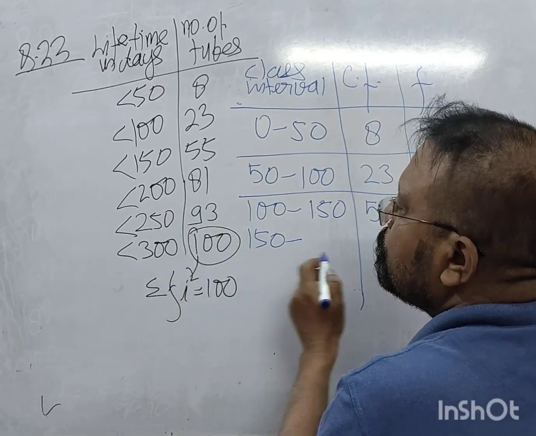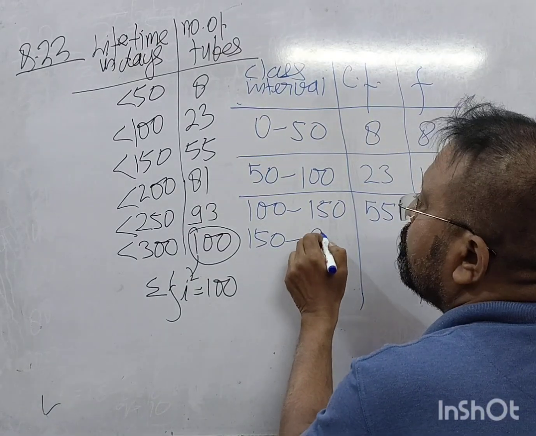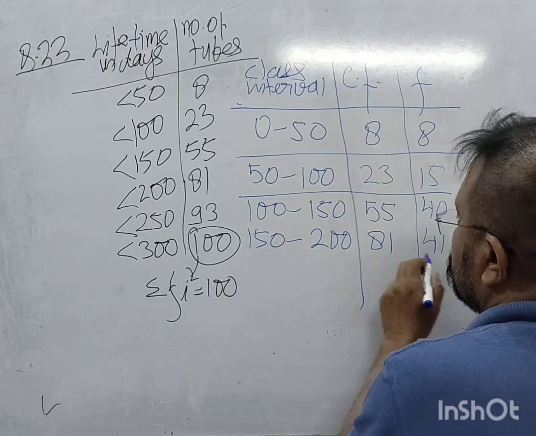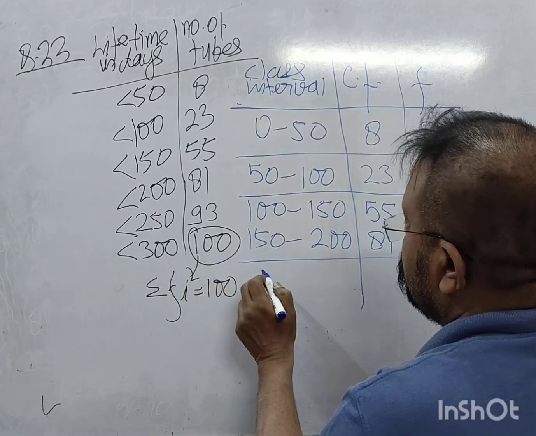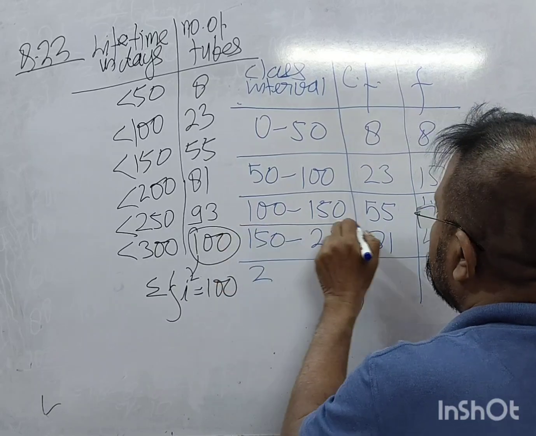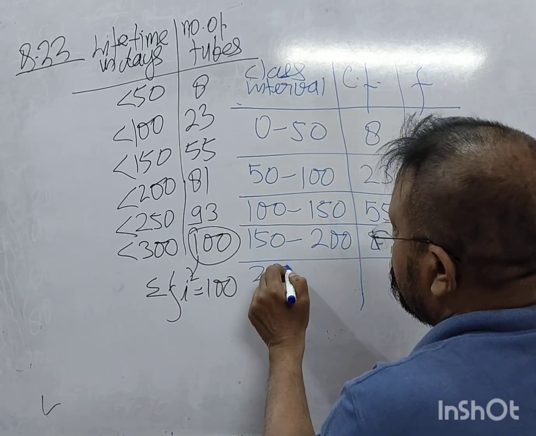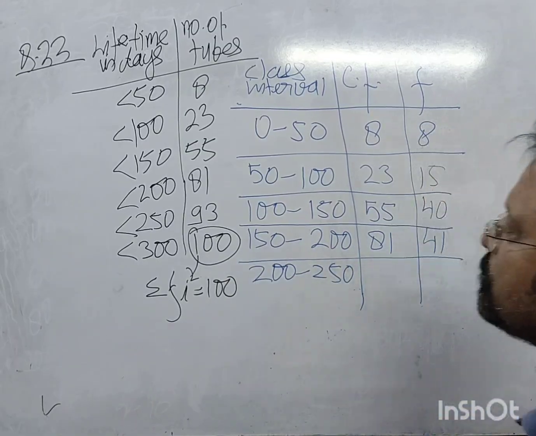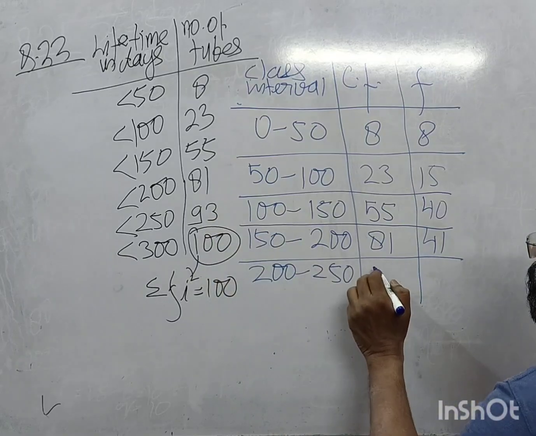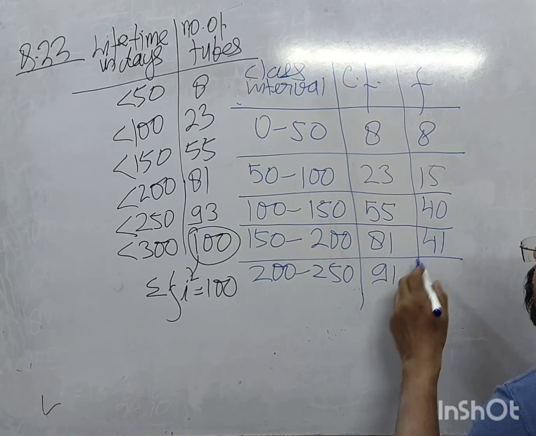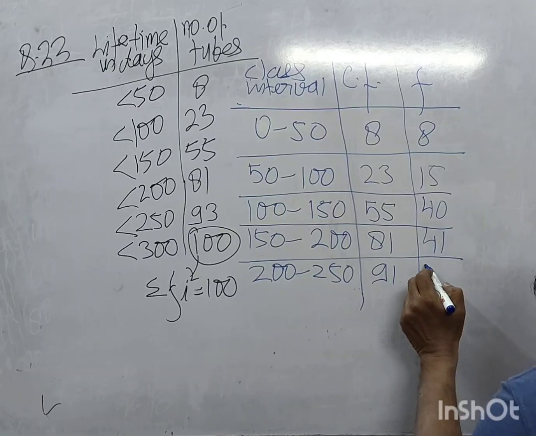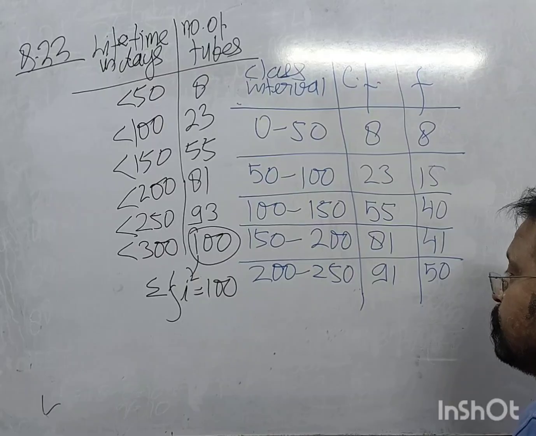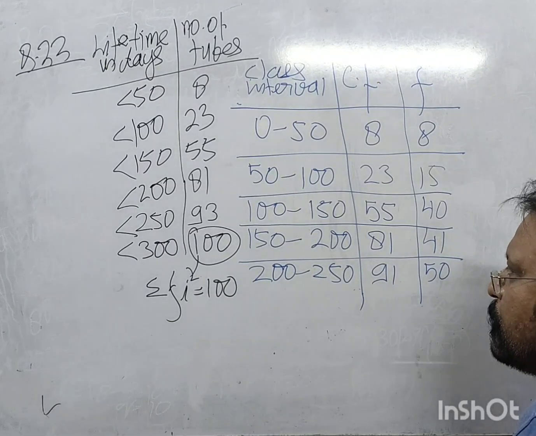Now 150 to 200 is 81. Now 200 to 250. What is frequency? What is cumulative frequency? 91. 91 minus 41 becomes 50.